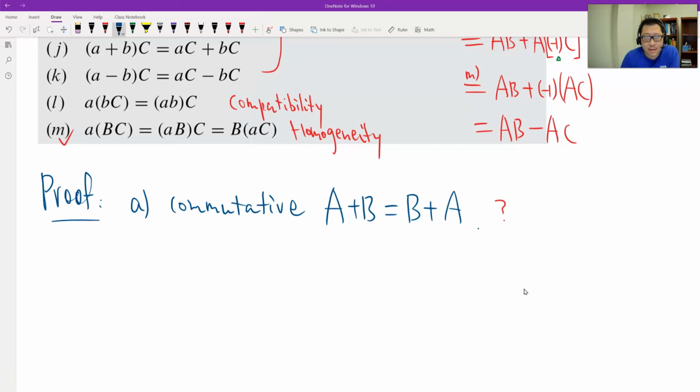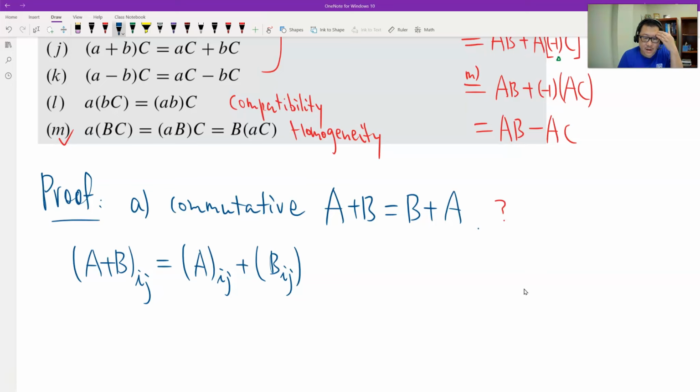We look at the general entry of the left matrix, which is A plus B. The general entry at i, j, by the definition, should equal the general entry of A plus the general entry of B. Because in A plus B the corresponding entries are added together.